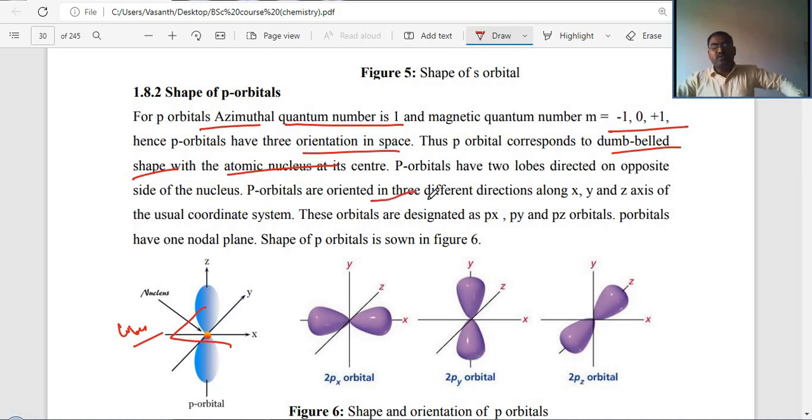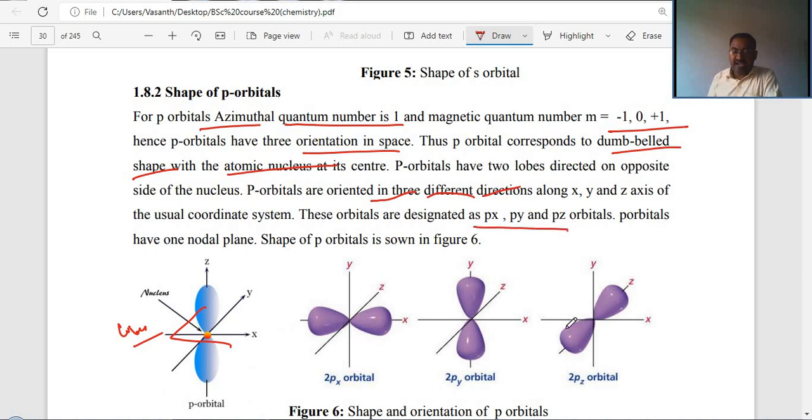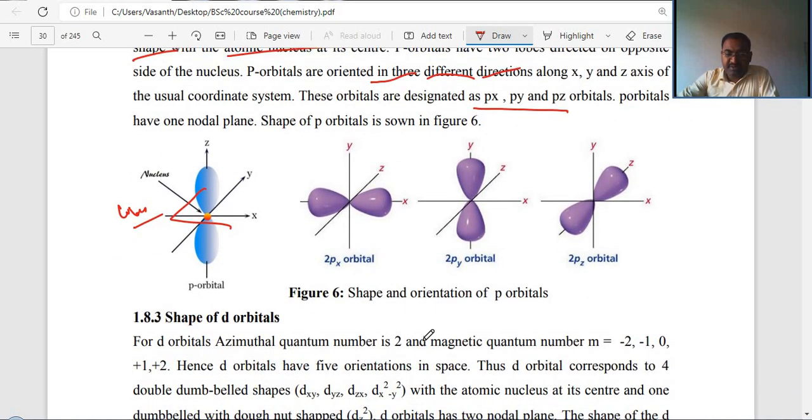The p orbitals are oriented in 3 different directions along the x-axis, y-axis and z-axis of the usual coordinate system. These orbitals are designated as px, py and pz. Just see the diagram of this p orbital. It is dumbbell shaped.